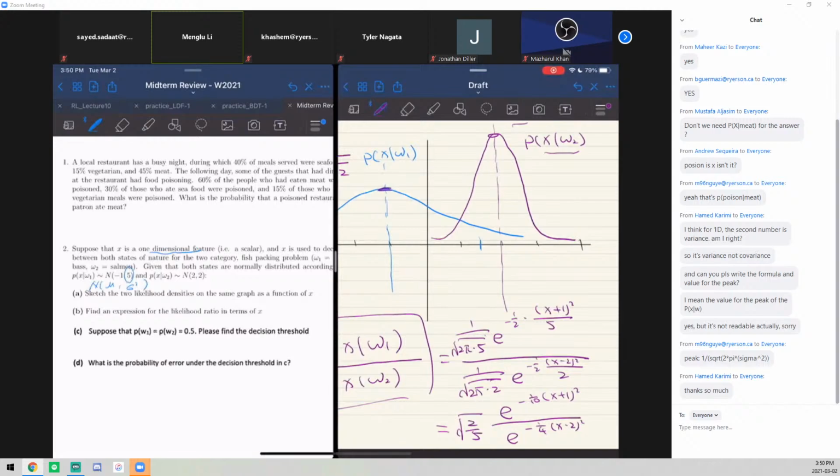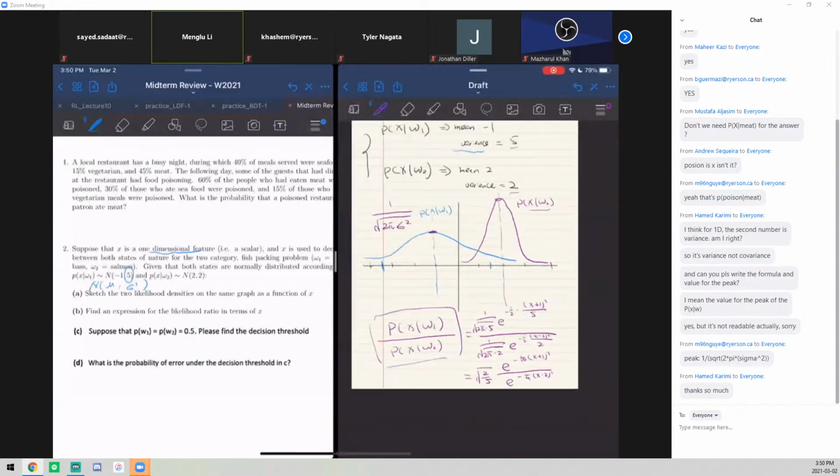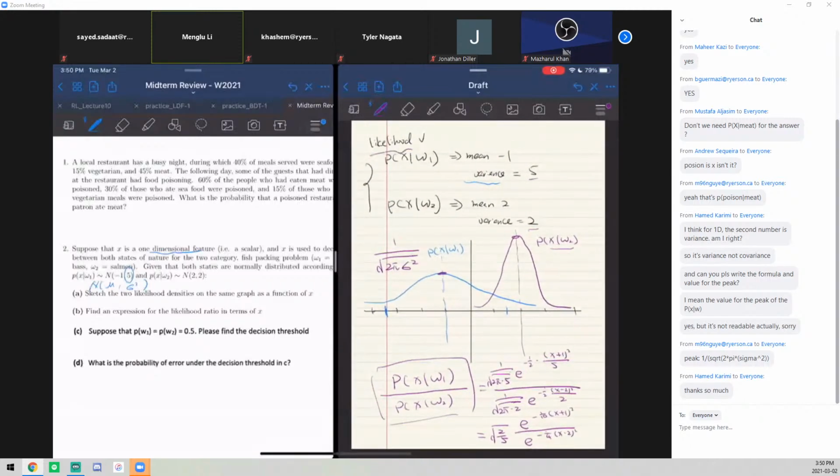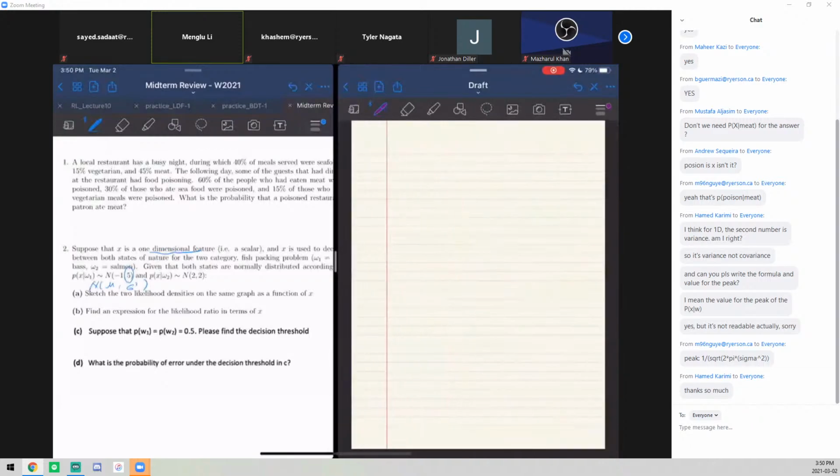Let's go to part C. All of this is likelihood, and now they told us the prior probability is the same. So let's find the decision threshold. The decision threshold is where the posterior probabilities are the same, and then we can find the boundary.